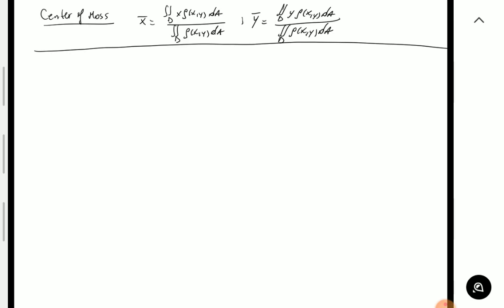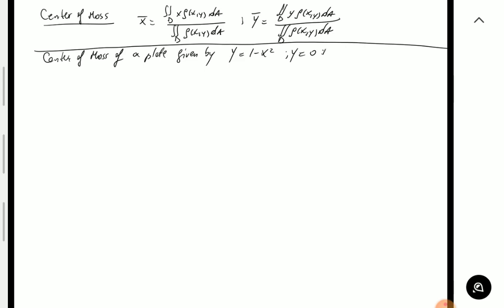Okay, so let's find the center of mass of a plate bounded by y equals 1 minus x, y equals 1 minus x squared, y equals 0, and that's it.